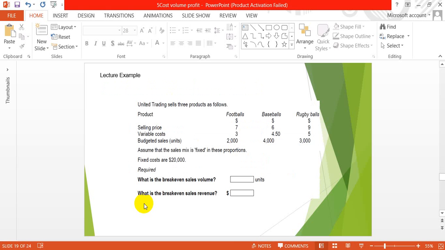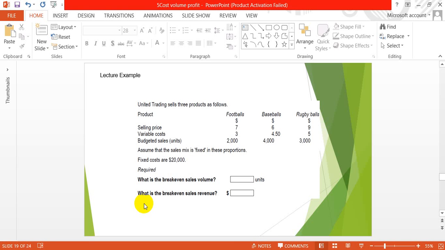We'll apply this in the next question on United Trading, which sells 3 products. So it sells footballs, baseballs, and rugby balls. We're given the selling prices there as 7, 6, and 9 respectively, and the variable cost as 3, 4.5, and 5 respectively.